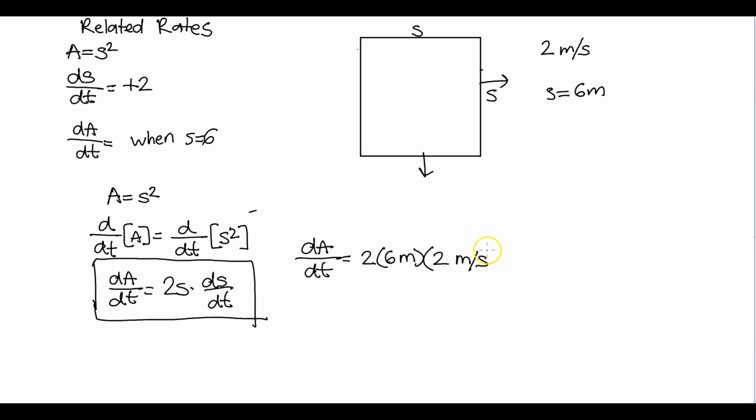So we have 2 times 6 times 2, and we get 24 square meters per second, which means at the exact moment when the side length is equal to 6, the area is increasing at a rate of 24 square meters per second, which is quite cool.